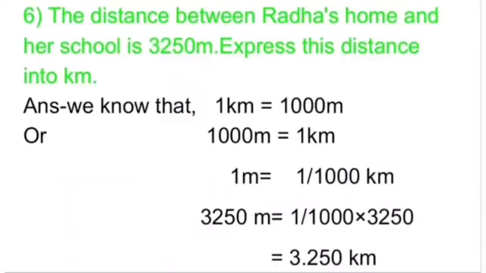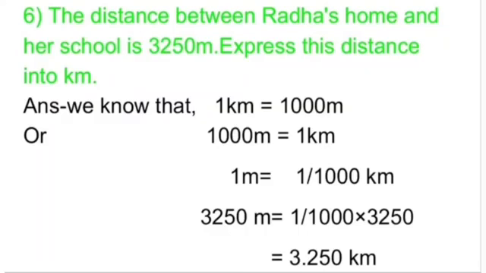Question number 6. The distance between Radha's home and her school is 3250 meter. Express this distance into kilometer. So answer is, we know that 1 kilometer is equal to 1000 meter, and we can write it as 1000 meter is equal to 1 kilometer.